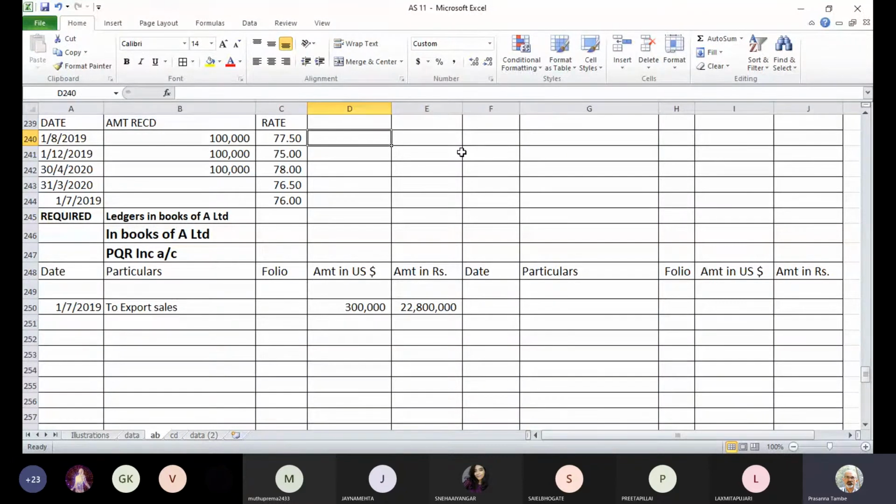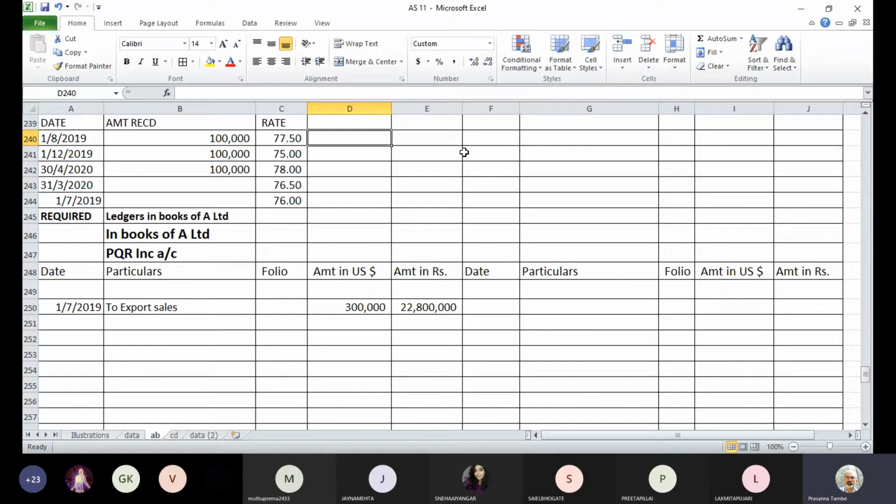We are recording the entries in the books of exporter, and whenever there is an increase in the rate, the exporter stands to gain if there is a realization. So here also 1.5 per dollar, 77.5 minus 76, will be the gain to be recorded in the books of A Limited.